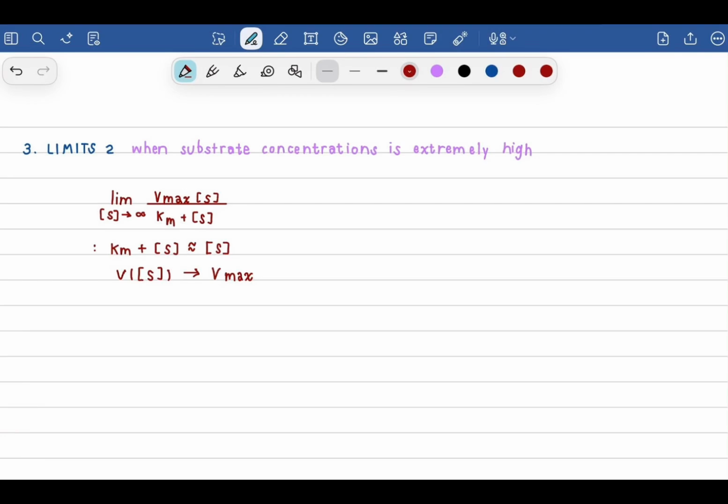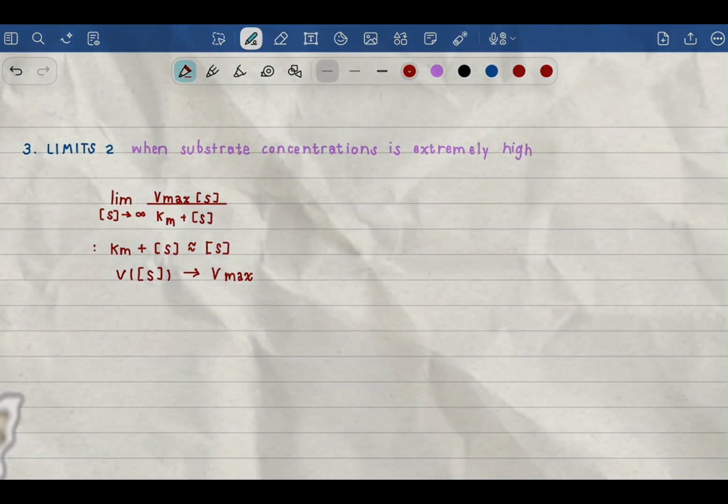Limit as S approaches infinity of Vmax times S divided by Km plus S. When S is huge, the Km becomes negligible, so Km plus S is approximately equal to S. The equation simplifies so that as the substrate concentration increases, V of S approaches Vmax, meaning at very high substrate concentration the enzyme becomes saturated. Even if we add more substrate, the reaction rate stays close to Vmax. This is called zero-order behavior.